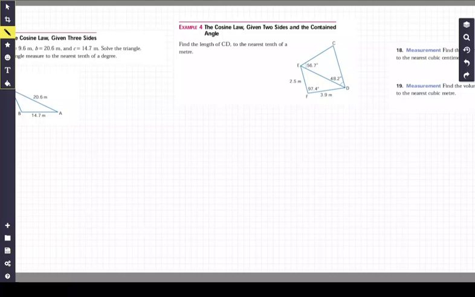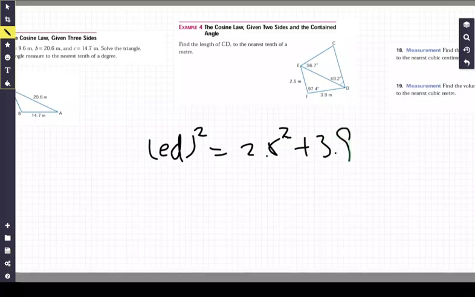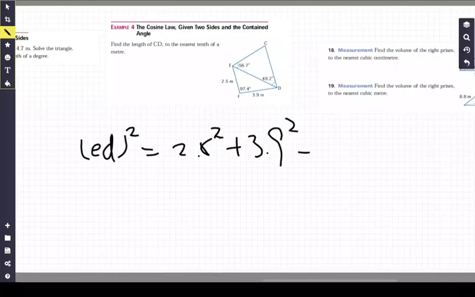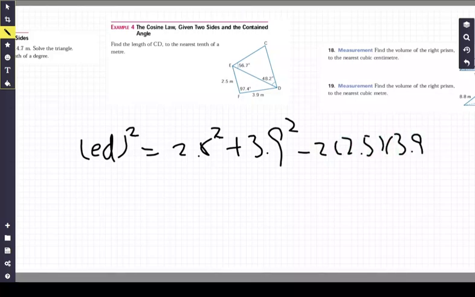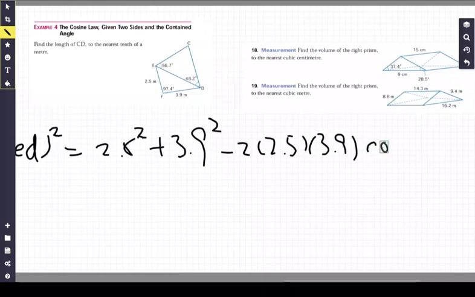So ED squared is equal to 2.5 squared plus 3.9 squared minus 2 times 2.5 times 3.9 times cos of 97.4. Your calculator should be able to process this all in one step. However, if it can't, just record down some values.